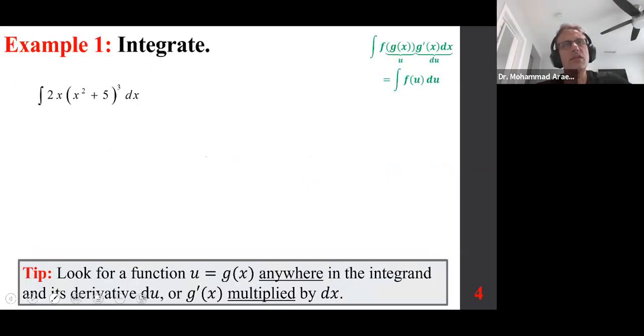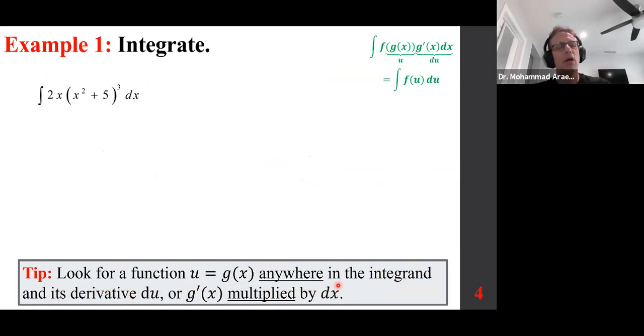Let's make some sense out of this by looking at a few examples. First and foremost, we're going to look at a couple of polynomials. When we have polynomials involved, normally the more complicated function is the choice of u. So the tip is look for a function u equals g of x anywhere here and look for its derivative, du, or g prime of x multiplied by dx.